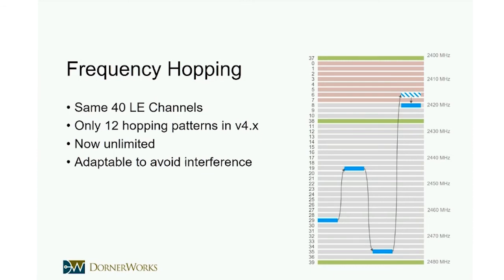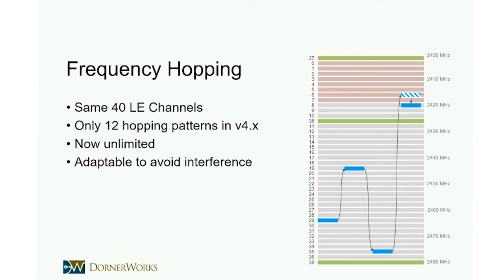Frequency hopping. So we still use the same 40 low energy channels, but Bluetooth 5 made it a little more intelligent as to how communication occurs. In Bluetooth 4.0, 4.1, 4.2, there were really only 12 hopping patterns. What I mean by this is that when you first establish a connection, you establish a pattern that you're going to follow. So for the following connection intervals, I want you to go from 29 to 19 to 35.